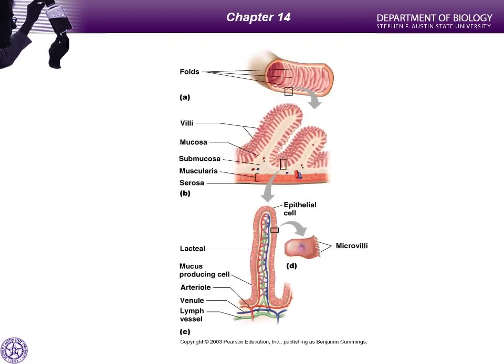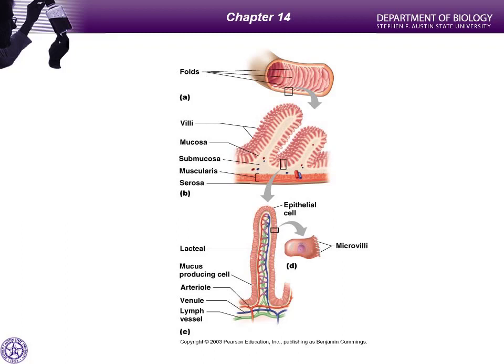So here's our illustration. In this case, we're not really illustrating those plicae circularis. But do you see how the inside of the intestine, you see those folds? Those are going to be our villi. There's a villi, there's a villi. So in that middle picture, we see 2 villi right close together.